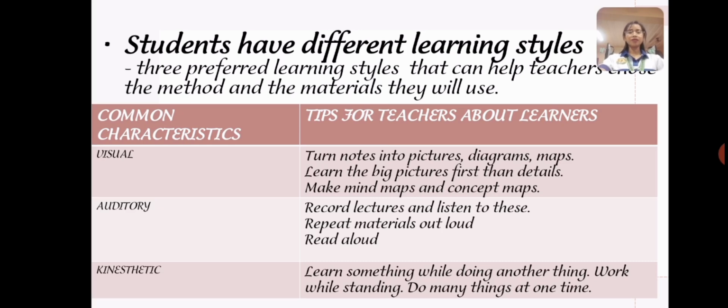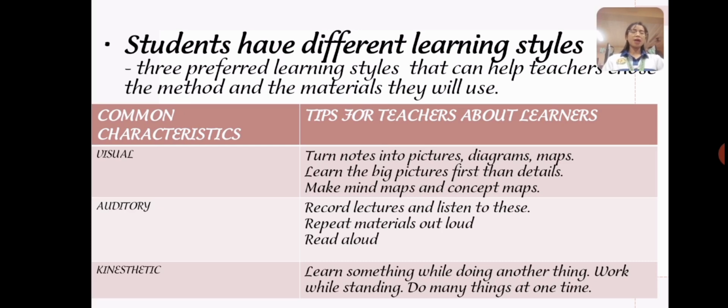First one here is the visual. The common characteristic of visual learners is the use of graphs, charts, and pictures, because learners, especially children, tend to remember things that are shown in pictures, graphs, and other visual aids rather than the teacher just talking and talking and talking.